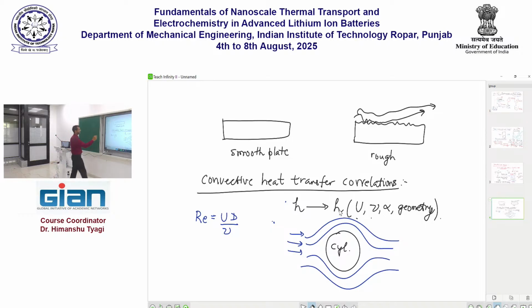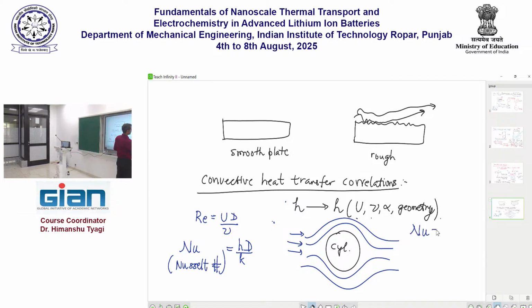And the convective heat transfer coefficient is typically represented by the Nusselt number, which is given by Nu = hd/k. And typically these correlations are written in terms of Nusselt number as a function of the Reynolds number and also the Prandtl number.